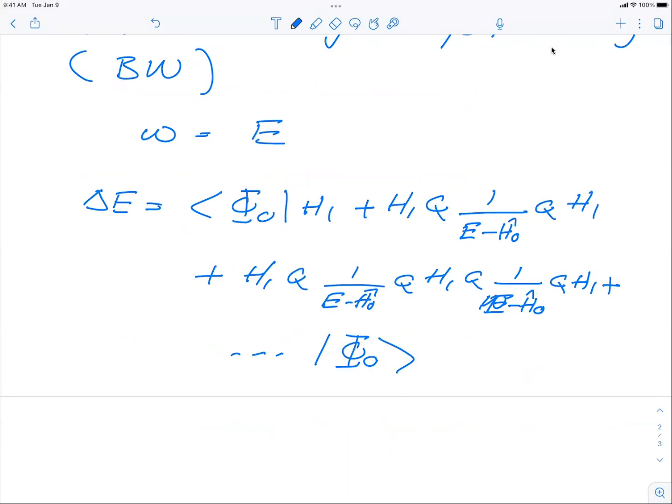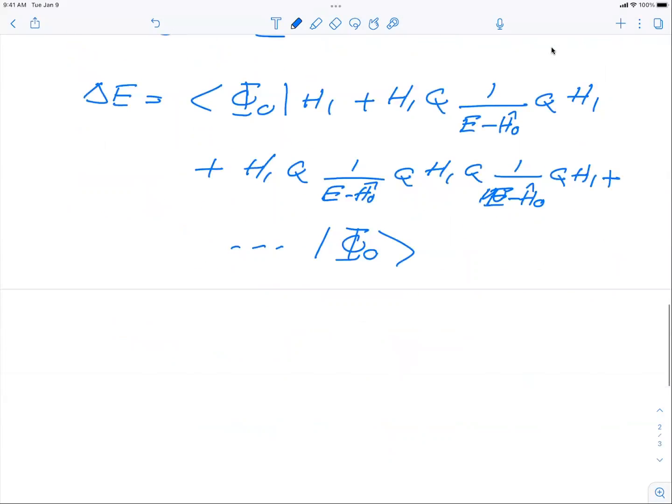Now what you can do, when you look at this equation, is to redefine the wave function for the state we are looking at. This is now given by 1 plus Q. If you look at the wave function itself, we can rewrite that in terms of an operator.